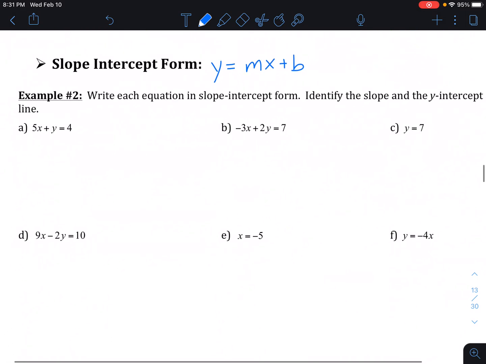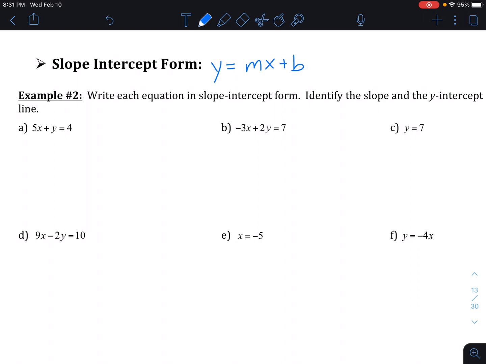Okay, next up, in order to graph, the easiest way of graphing is when things are in the form called the slope-intercept form, which is y equals mx plus b. The m is, of course, the slope. It's always the coefficient of x. And then the b is called the y-intercept.